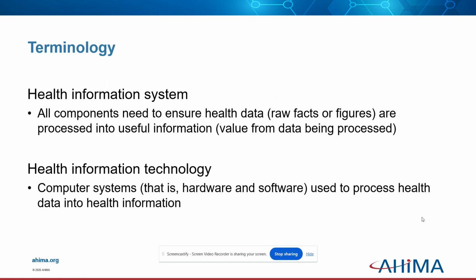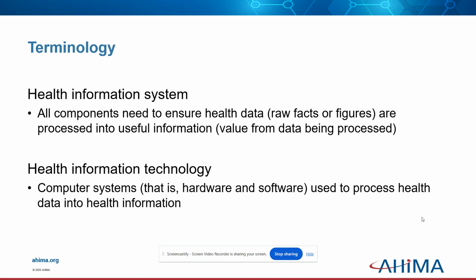Some basic terminology: health information system versus health information technology. When we look at the system, again, we're looking at all of those components which ultimately are needed to ensure that health data, so raw facts, figures, which is what data is, is processed into something useful known as information.